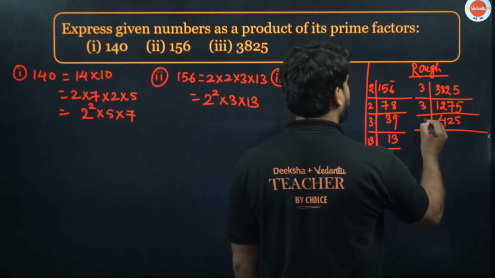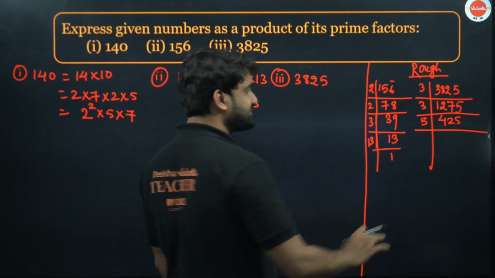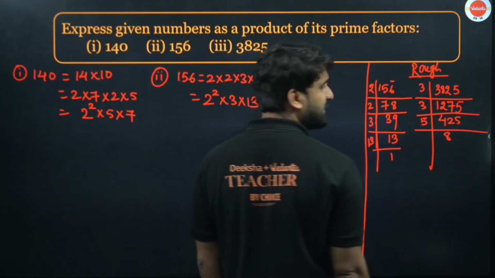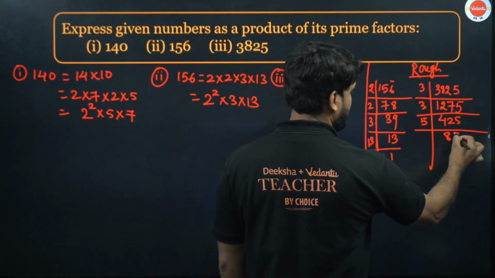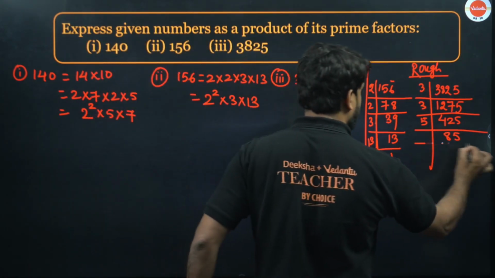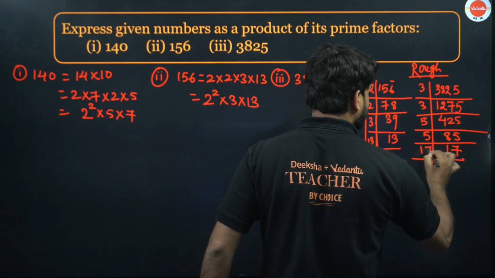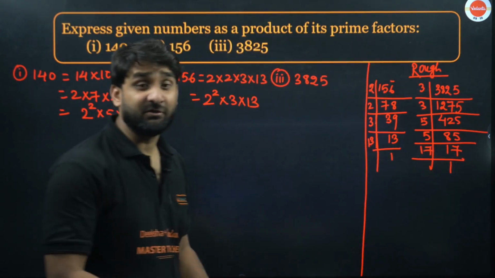But it can be divided by 5 comfortably because the ones digit is 5. 5 8s are 40, and 5 5s are 25. Now it can be divided by 5 again, giving 17, and 17 is itself a prime number.